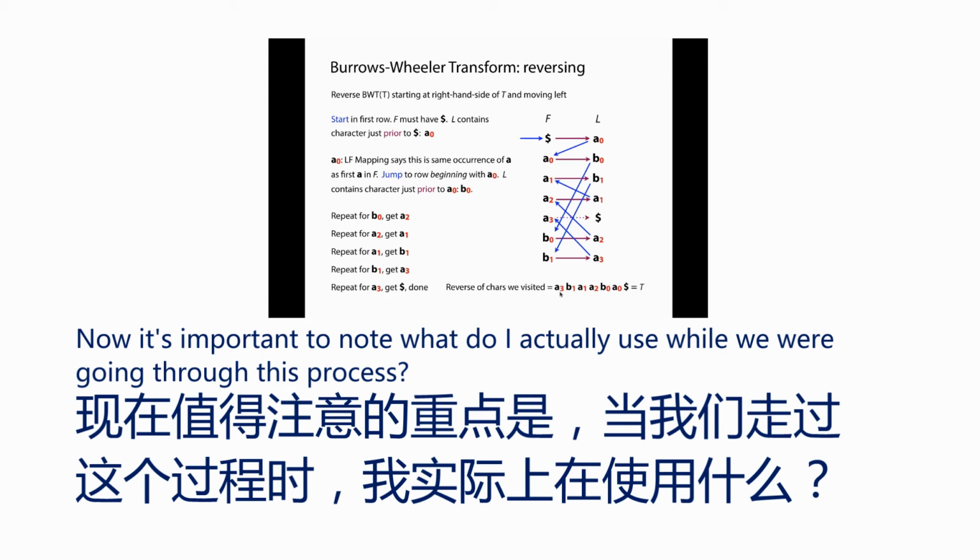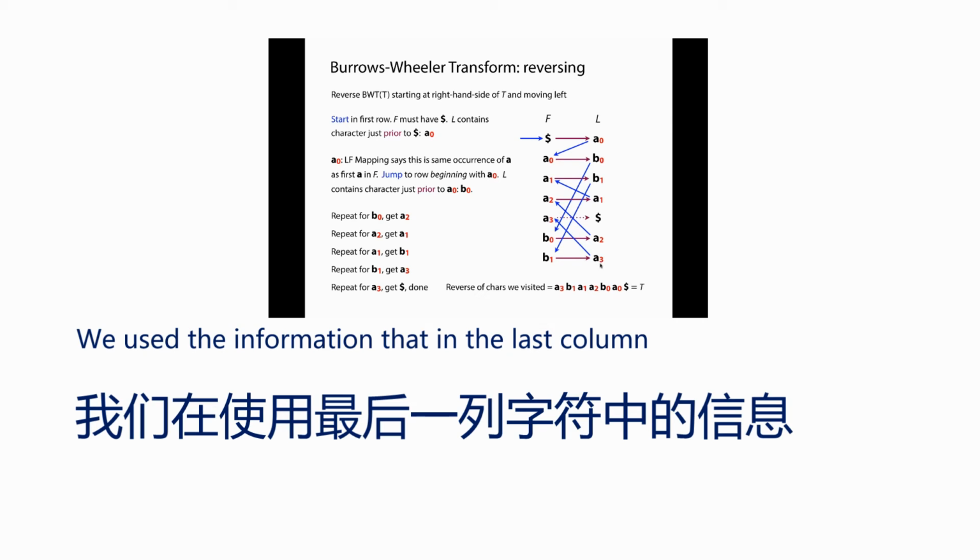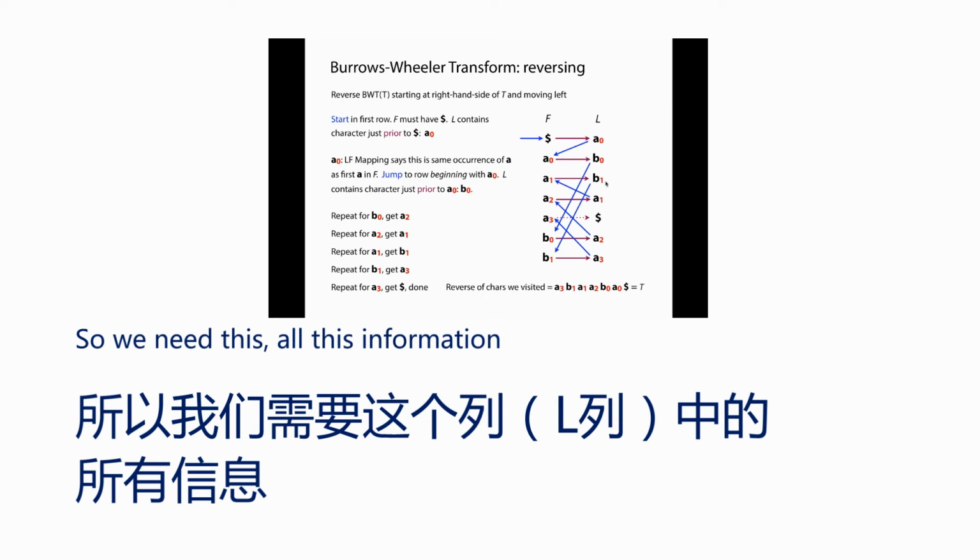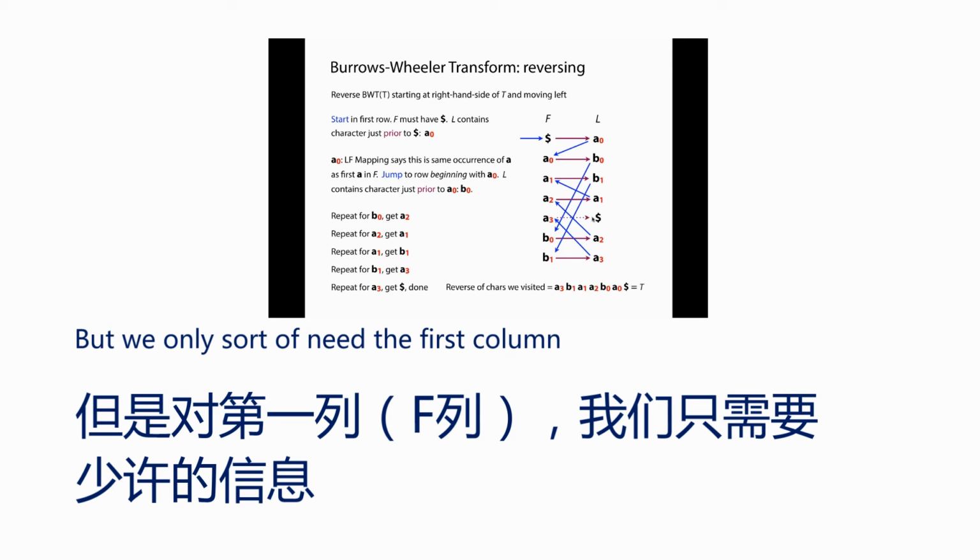Now, it's important to note, what did we actually use while we were going through this process? We used the information in the last column, so we needed all this information. But we only sort of needed the first column.